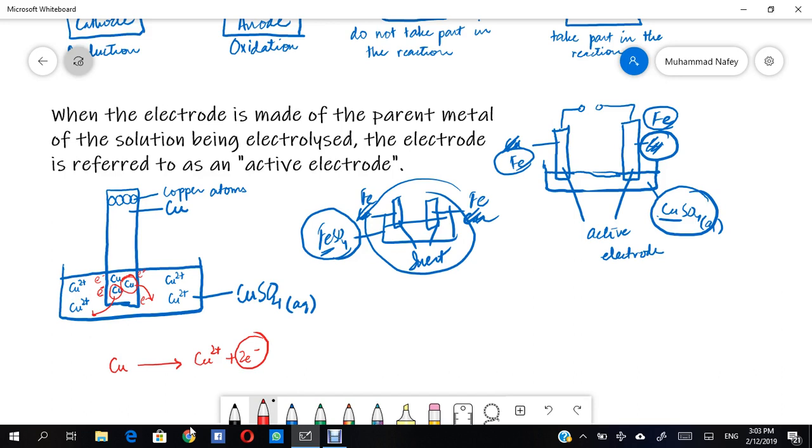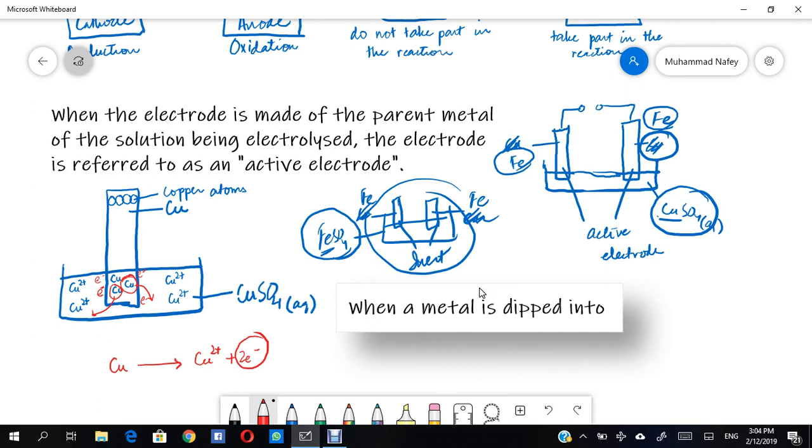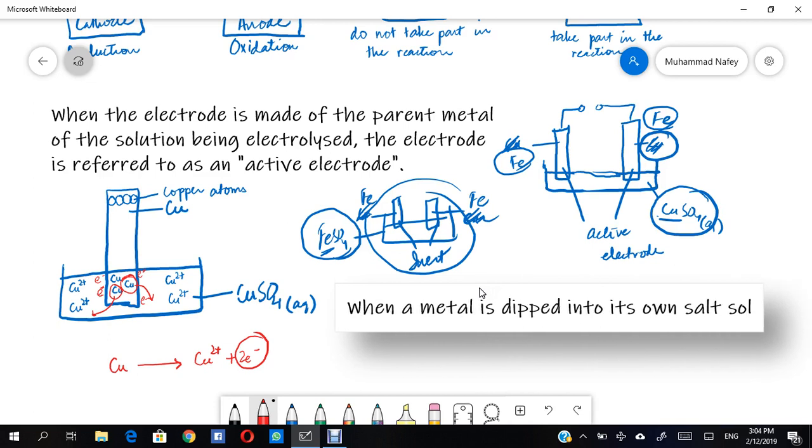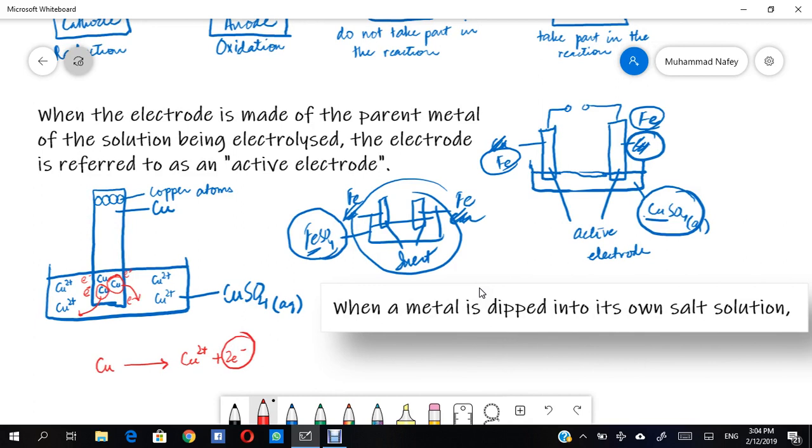So far what we have just studied, we'll write this down here. When a metal is dipped into its own salt solution, what did we just observe?